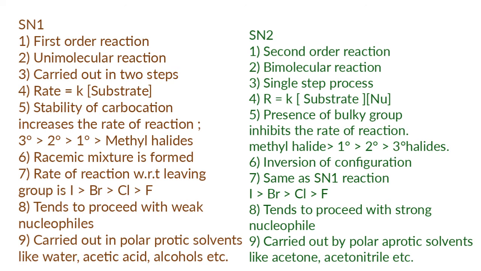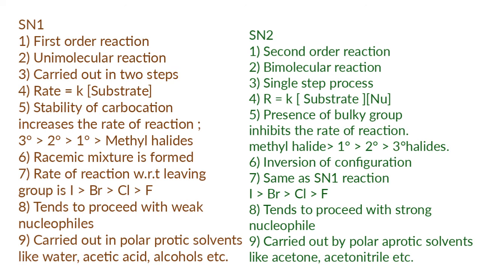It is just opposite of the SN1 reaction. Next point, the product obtained in the SN1 reaction is a racemic mixture, that is, compounds with retention and inversion of configurations. 100% inversion of configuration of product takes place in the SN2 mechanism.